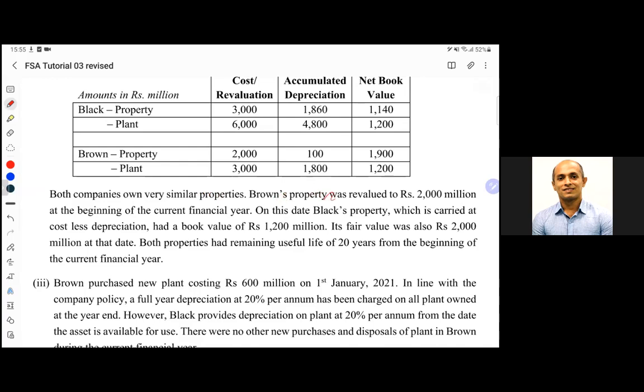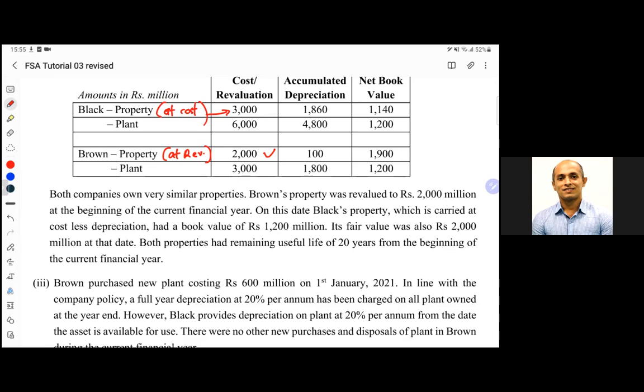Brown's property was revalued to 2 million at the beginning of the current year. On this date, Black's property is carried at cost less depreciation.